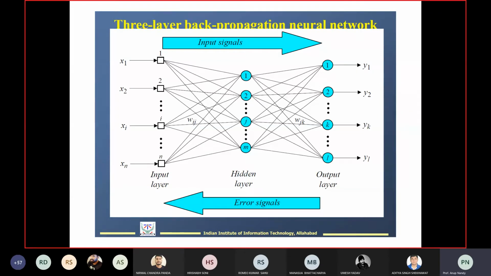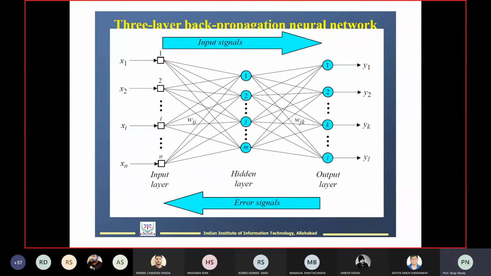Out of the 3 layers of nodes, one is the input layer, then a hidden layer and an output layer. Except for the input nodes, each node is a neuron which uses a nonlinear activation function.